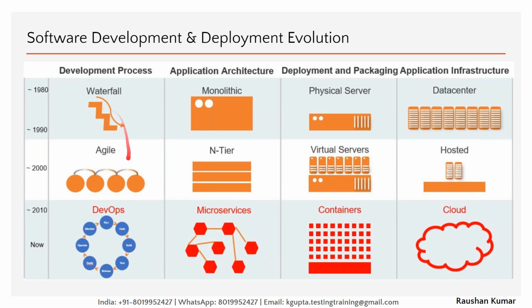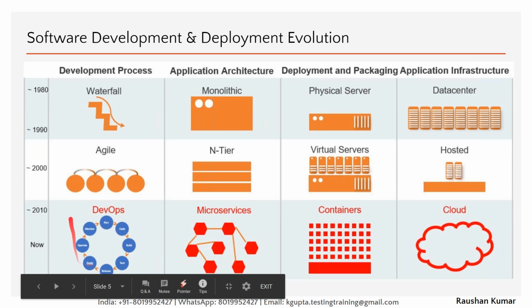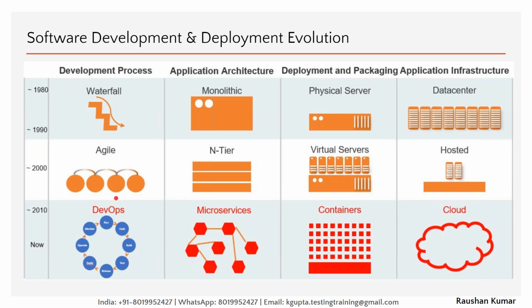Now we entered the phase of agile, where the software was developed in phases. Phase 1, phase 2, phase 3, in the form of sprints, we call it, right? So it was a better move in agile. We are still in the agile phase, and we have also progressed, and we are in this DevOps phase, where everything is being done continuously: continuous development, continuous testing, continuous integration, continuous deployment.